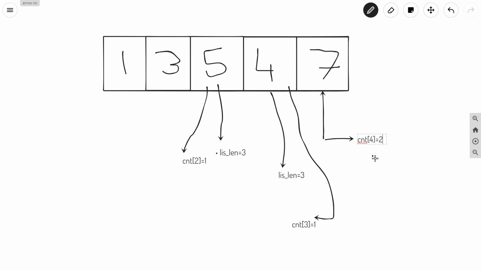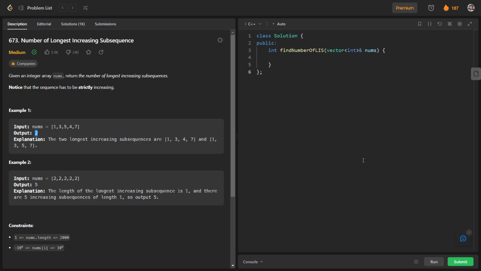In this way we will store the value of LIS len and count, and whenever for a particular index LIS len is maximum among all LIS, we will just add this value of count. Okay, let us dive into the code and see how we can solve this question.